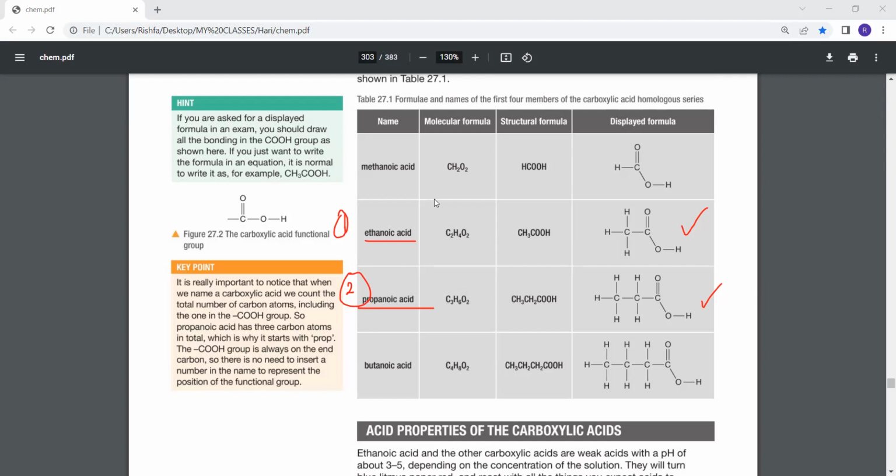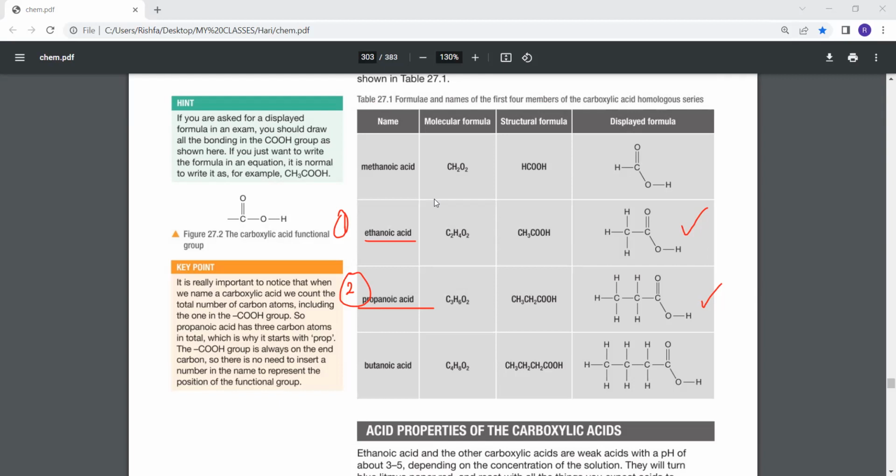Okay, are you done? Do I have to also do the structural formula and molecular formula?